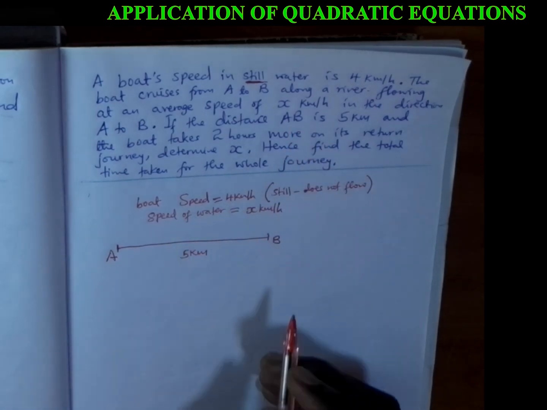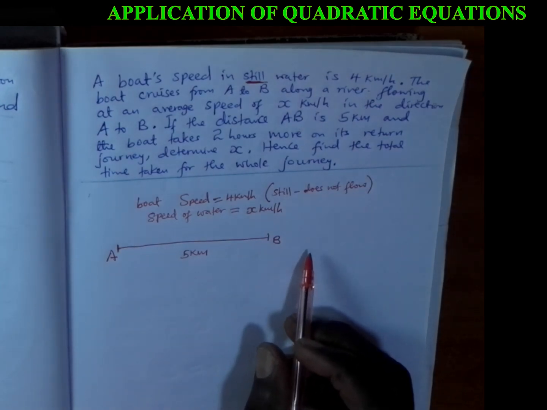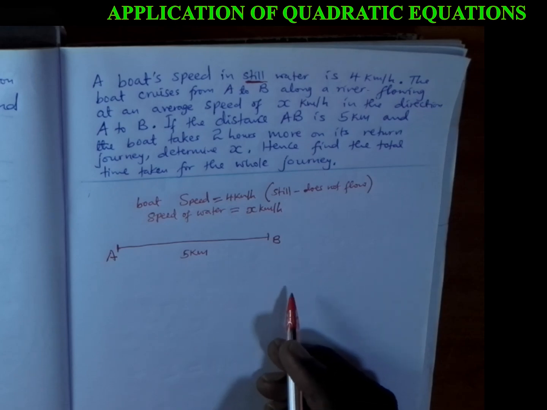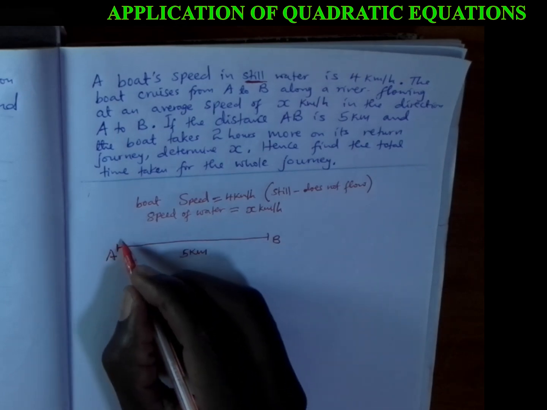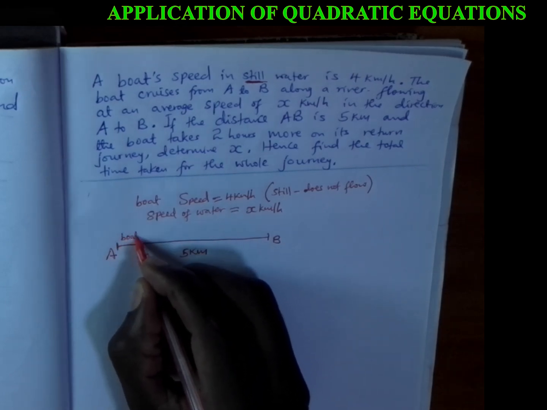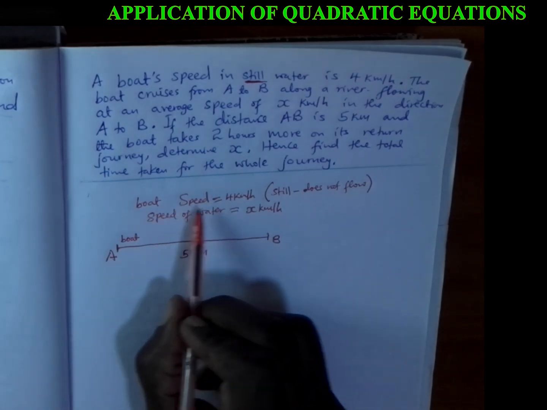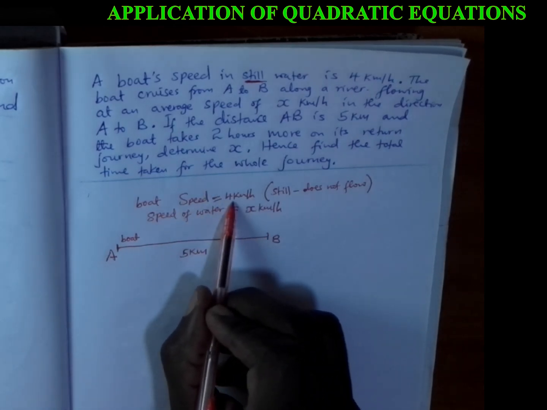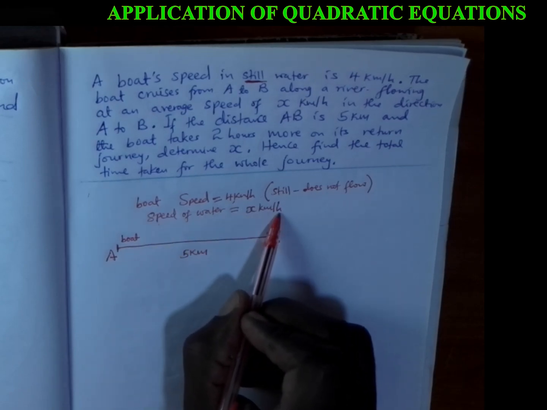That's the distance. The boat takes 2 hours more on its return journey. So from A to B, the boat in still water cruises at a speed of 4 kilometers per hour, and in the flowing river, the water is x kilometers per hour.